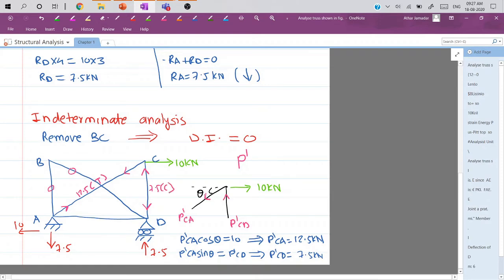Now we will select joint D. If you take summation of Fy equal to 0, one downward member force of 7.5 kilonewton is acting, and that will cancel out with the other. Then the BD force is already 0, and on joint D a horizontal load is not acting. Therefore we can directly say that AD is equal to 0.